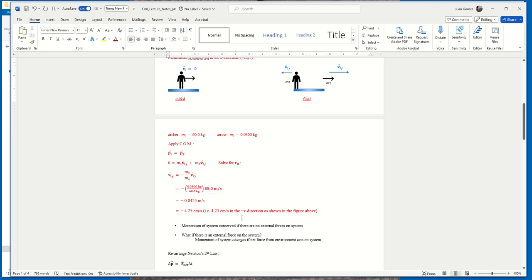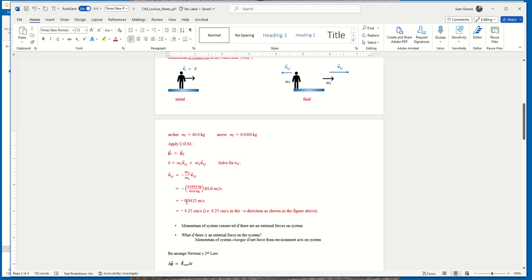Okay, so you get negative 0.0425 meters per second. Well, the negative is as expected, meaning look at my diagram. V1 final is in the negative x direction, which is what our calculation gave us. And this is good.